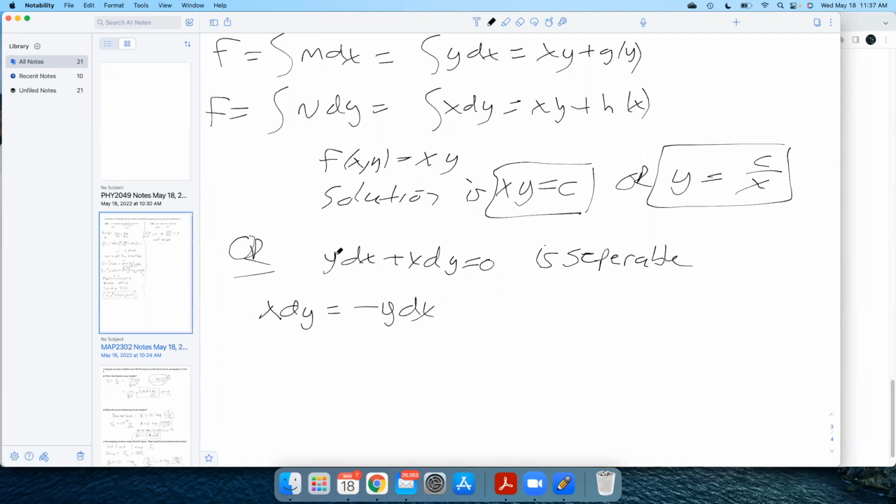I move this term to the other side. I'm going to move all my y's to the left side, all my x's to the right side. That's multiplied. So I can't add and subtract that y over. I have to multiply or divide it. Same with that x. So I could divide this over and get 1 over y dy. Divide that x over, negative 1 over x dx. I've separated my variables.